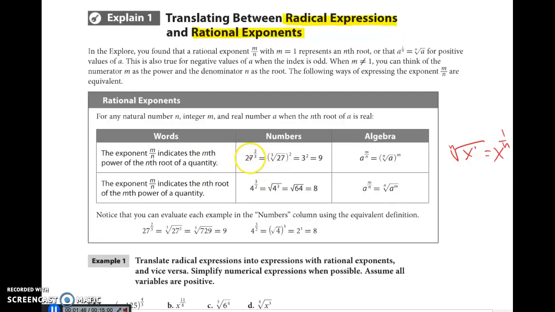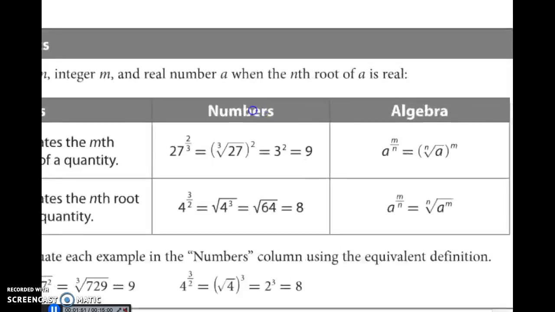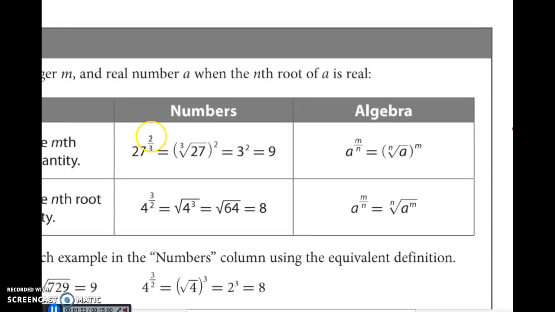So what this looks like is if I had 27 to the power of 2/3. The 3 is the index of my radical because that's the third root of 27. And the 2 is the exponent on the outside. So the way we think about this is, what is the third root of 27?